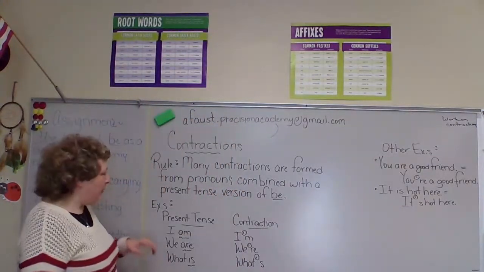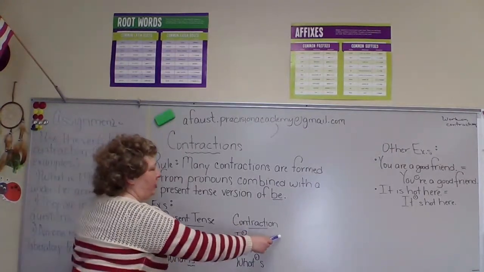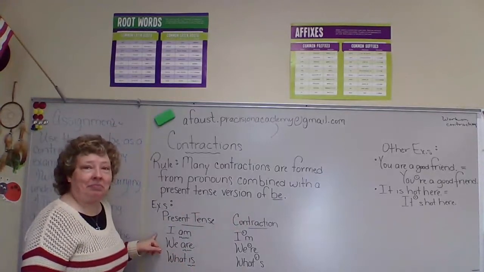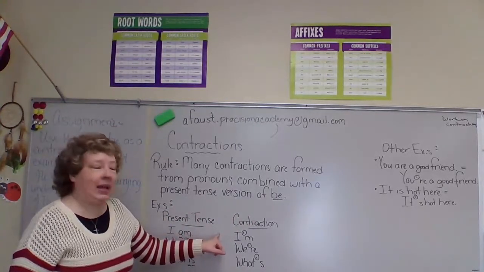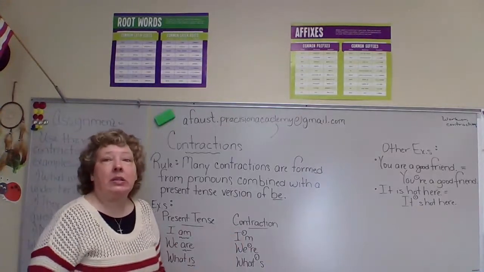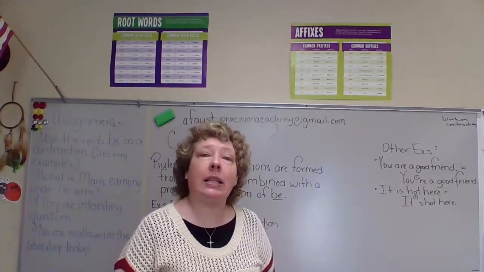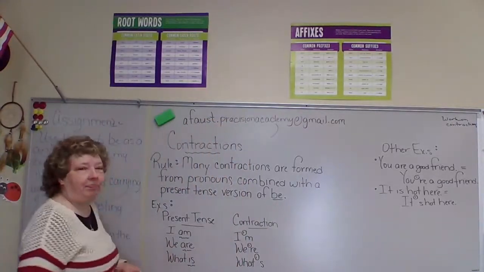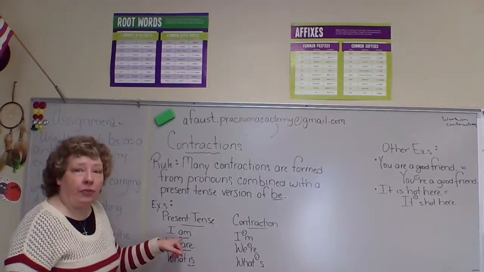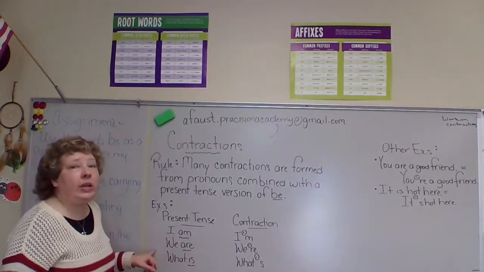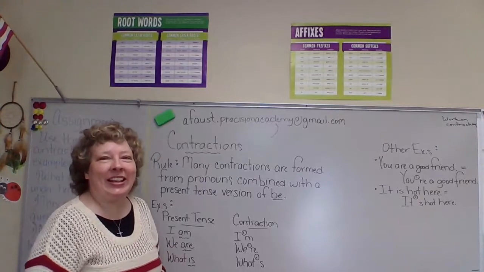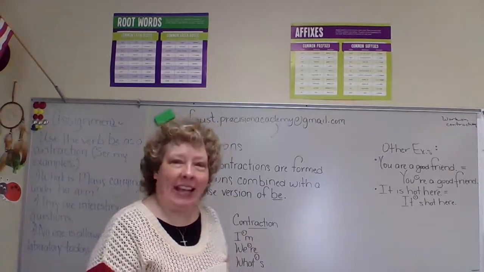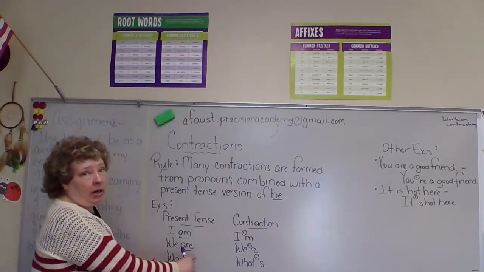Examples. Yes. Present tense, and here's the contraction. Here's where we shrink it. I am. I'm. I circled the apostrophe. I'm. So you lost what? You lost the letter A of am. Okay? And it's one of your to be verbs, isn't it? We are. That should look familiar, shouldn't it? Remember when we went through were, where, and we're? Yes. So we've got we are.